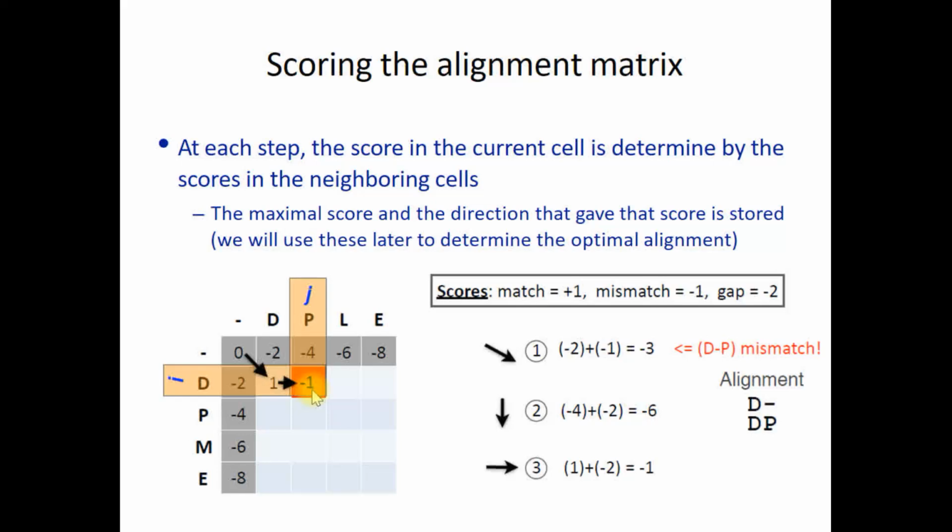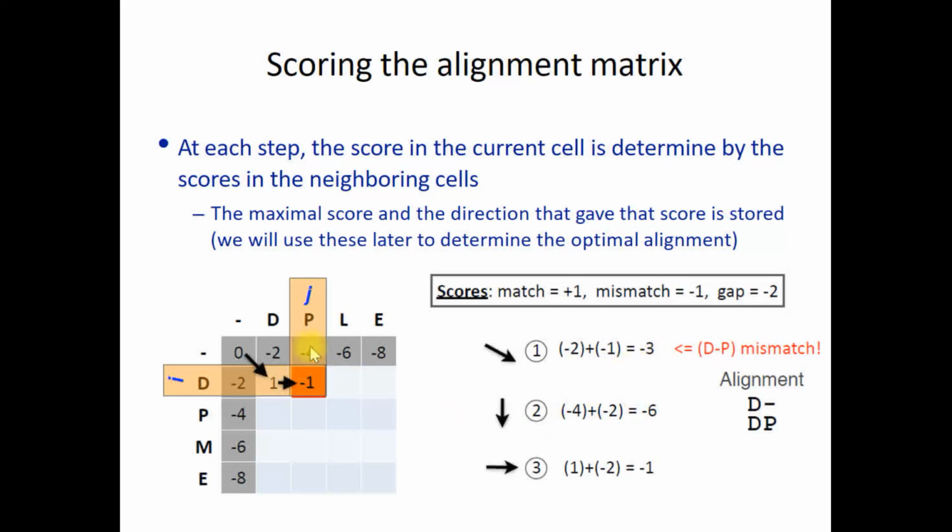We do the same thing for the next cell in orange color. Now its neighbors become these 3 cells, and in the first direction it goes from -2, and the P and D is a mismatch, so this time it's a -1, and we got the score -3.